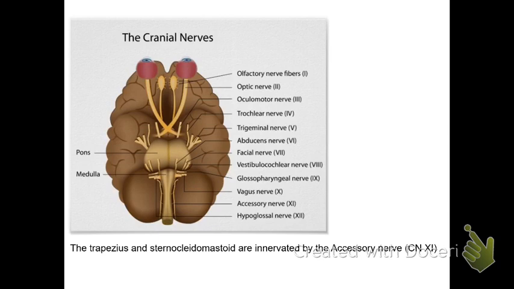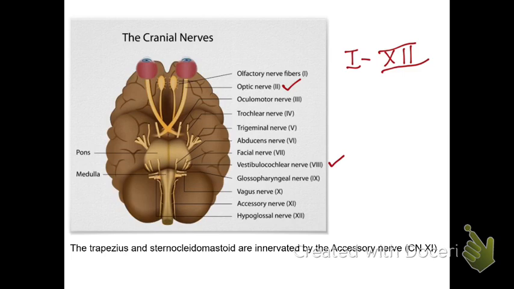And you'll see those Roman numerals here, 1 through 12. So if you don't know your Roman numerals, it's time to learn them. And specifically in this lab, you will be seeing the optic nerve coming off the eye in your dissection. And you're going to see the vestibular cochlear nerve in the ear as you learn about the ear.